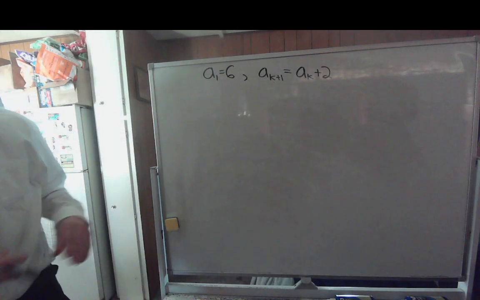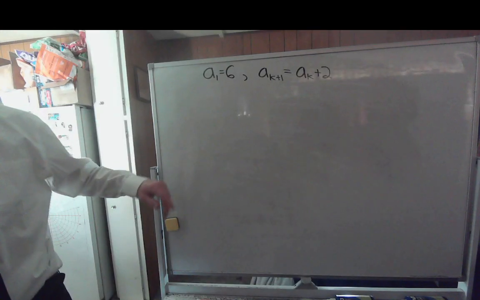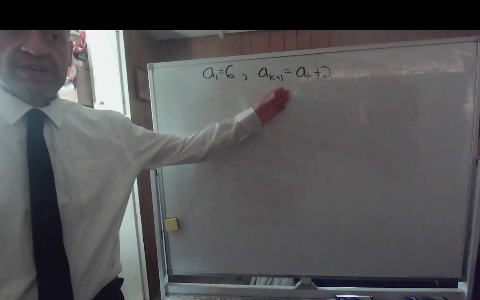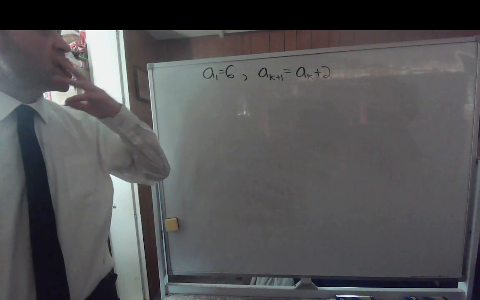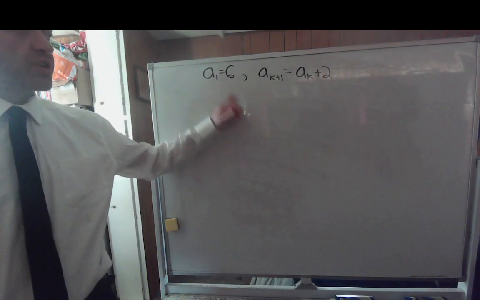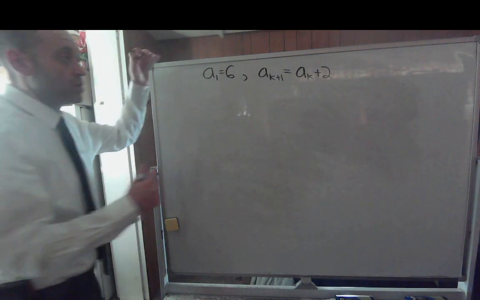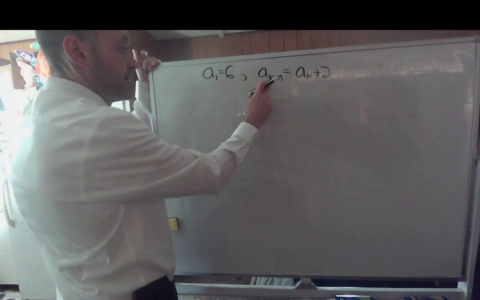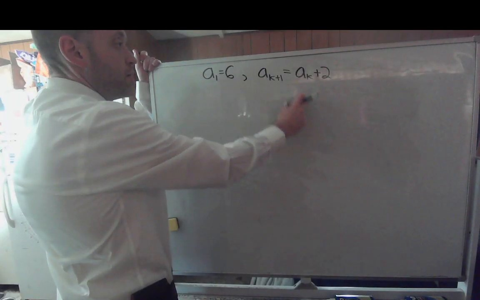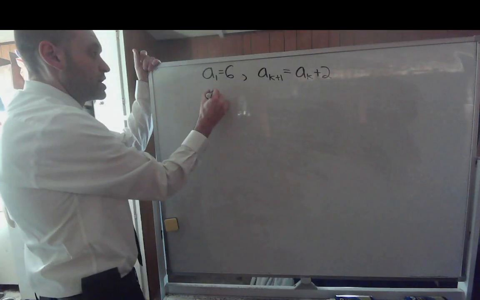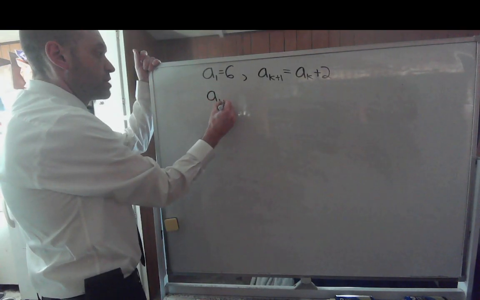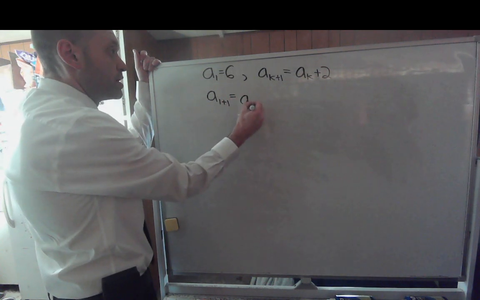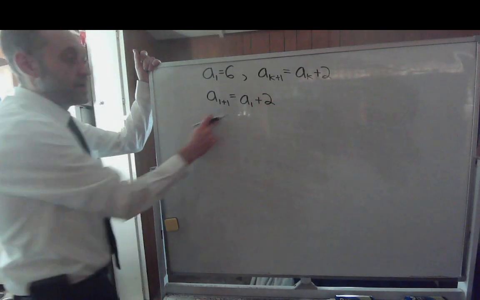Unlike an explicit formula where you can find any term, a recursive formula requires you to know previous terms. So we already got the first term. To find the second term, you're going to take your first term plus 2. So a sub 1 plus 1 is going to equal a sub 1 plus 2. That's how that would work.